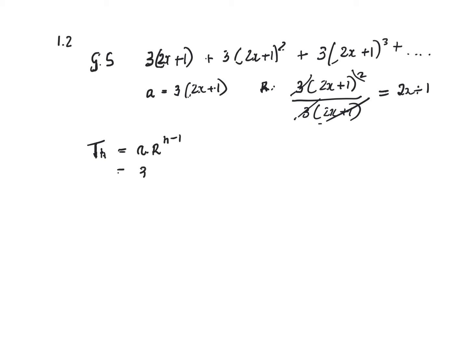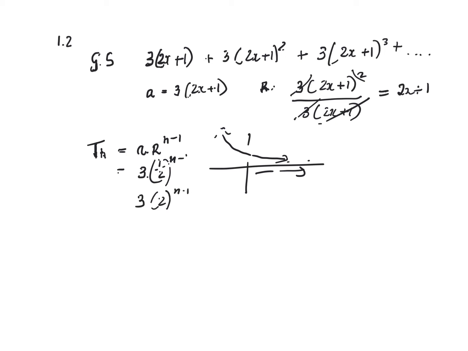If I gave you 3 times a half to the n minus 1, because that's a half, it means that I'm going to have a decreasing function, which means that as n gets bigger, this is going to tend to a certain value. Whereas if it had been 3 to the 2n minus 1, that would be a divergent series. As n is getting bigger, it's just going to keep getting bigger and bigger and bigger, okay?